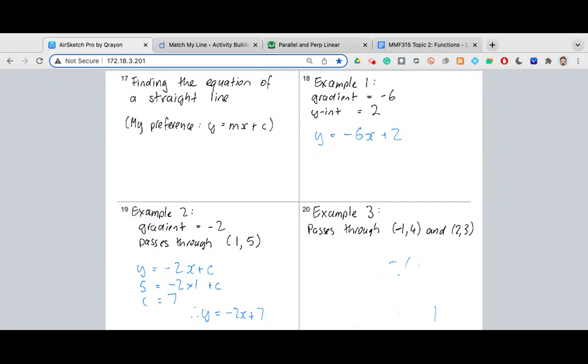Okay. Example 3. Any questions? Okay, example 3, passing through 2 points. Again, you could use the gradient formula to work out, first of all, m, and then substitute it in, and then work out c from there. Here's an alternative way of doing it, because I know that you've probably done that before. Let me do it from the point gradient formula instead.